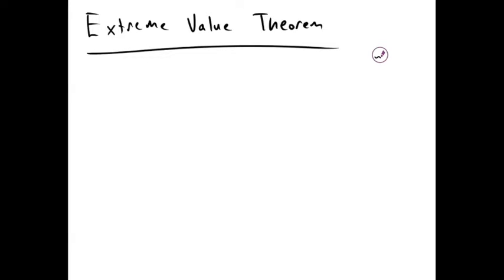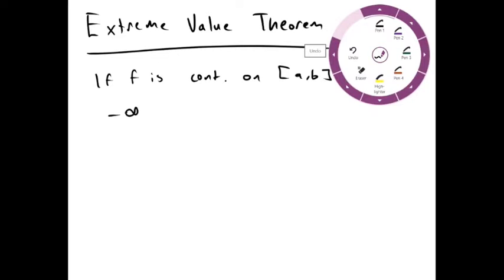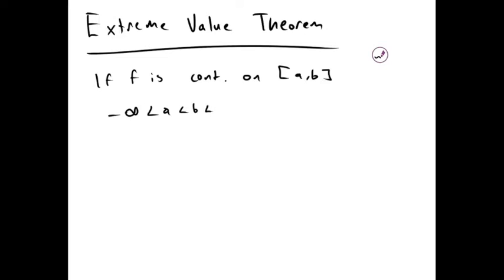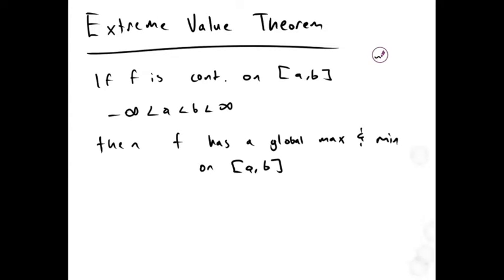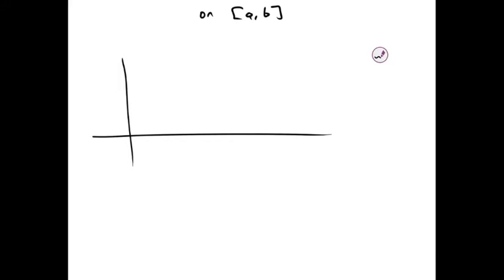This tells us if f is continuous on the closed interval a to b, where a is less than b and neither of them is infinity, then f has a global maximum and minimum on this closed interval. And I'll draw you a little sketch to show you why this must be the case.